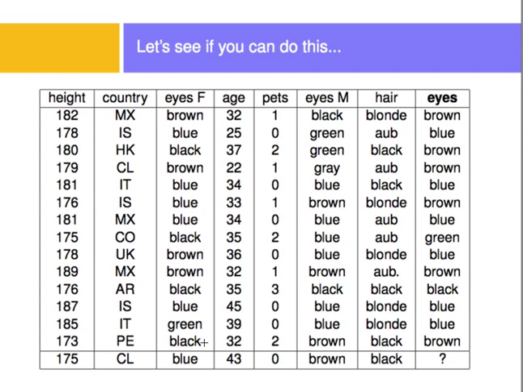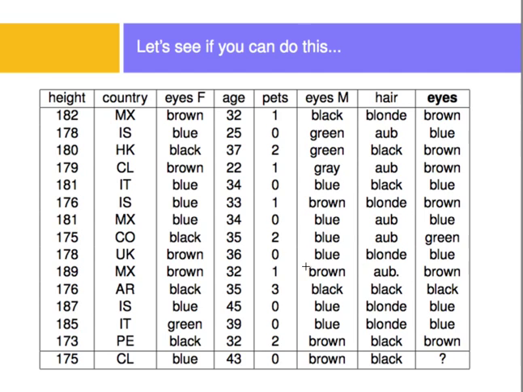However, the country might matter. So in Iceland, Northern Europe, for example, or Italy, we might see more blue eyes than in Chile or Peru. So that might have some influence. I don't know. Now, the other influence is, look at this. People with zero pets have blue eyes. Zero pets, blue eyes.